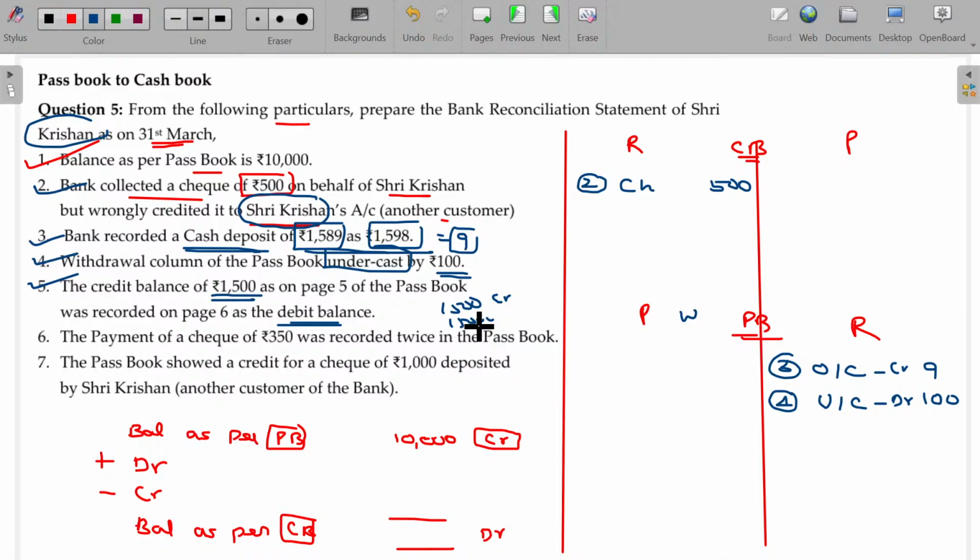In the credit side, 1500 is missing, which means undercasting, and it is posted in the debit side as 1500, which is not to be posted, wrongly posted in the debit side, which seems to be overcasting. So overcasting should be in the same side, undercasting should be in the other side. So it should also be debit. So 3000 should be in the debit side. Okay. The value being 3000 as per the fifth one. Posting error.